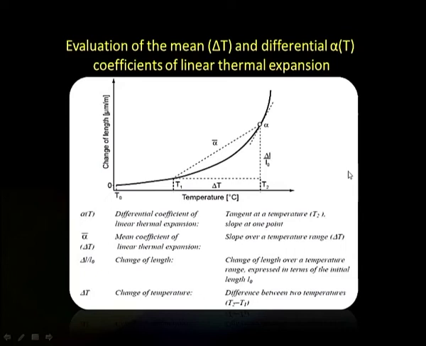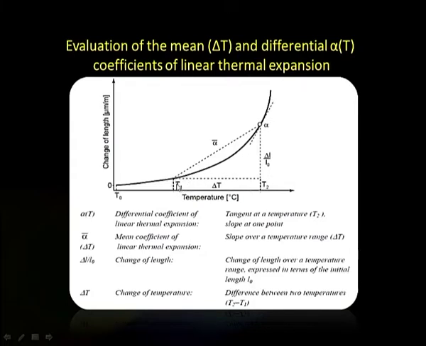Here we are showing you a plot between temperature and change of length for evaluation of mean alpha bar delta T and differential alpha T coefficients of linear thermal expansion. Here we can see that the curve between temperature and change of length is almost linear between T0 and T1, and then it shows a bend, and up to about T2 you can see that this increase is not linear.